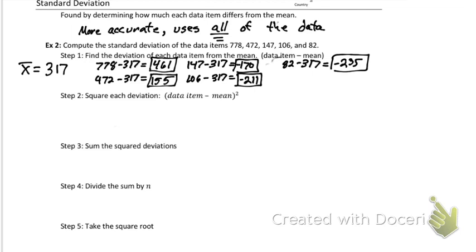All right, so the numbers I ended up getting were 461, 155, negative 170, negative 211, negative 235. Add all those numbers up and tell me what you get. What do you get when you add all of those numbers up?